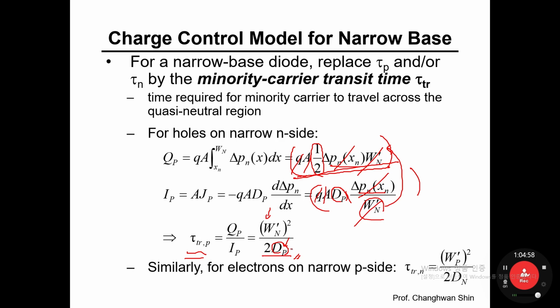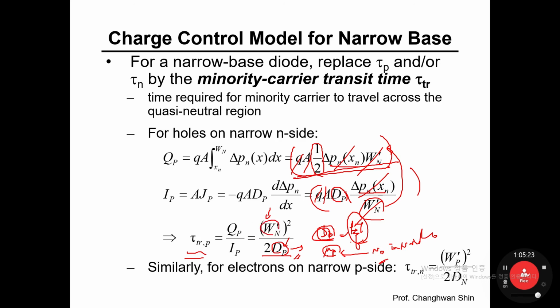Diffusion constant is, using the Einstein relationship, kT over q, for a given temperature, the ratio of diffusion constant to mobility is constant. So mobility would be determined by Nd in the n-side material. So Dp is kind of constant once a doping concentration is given.